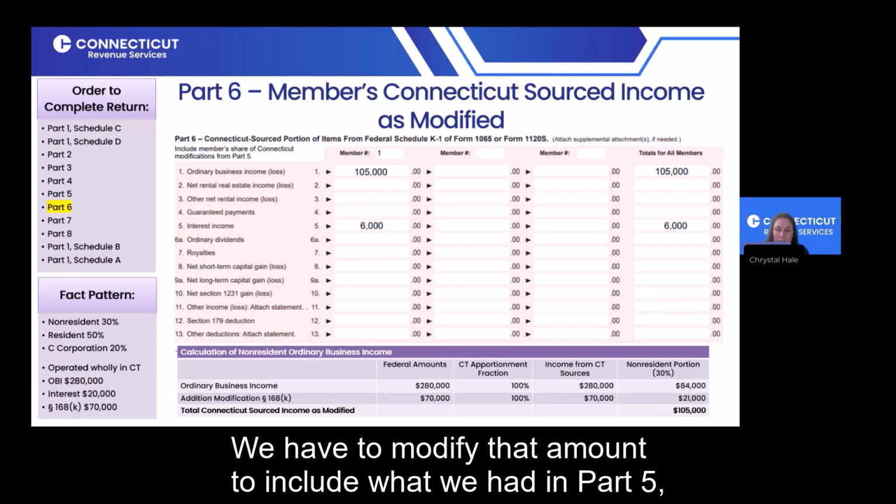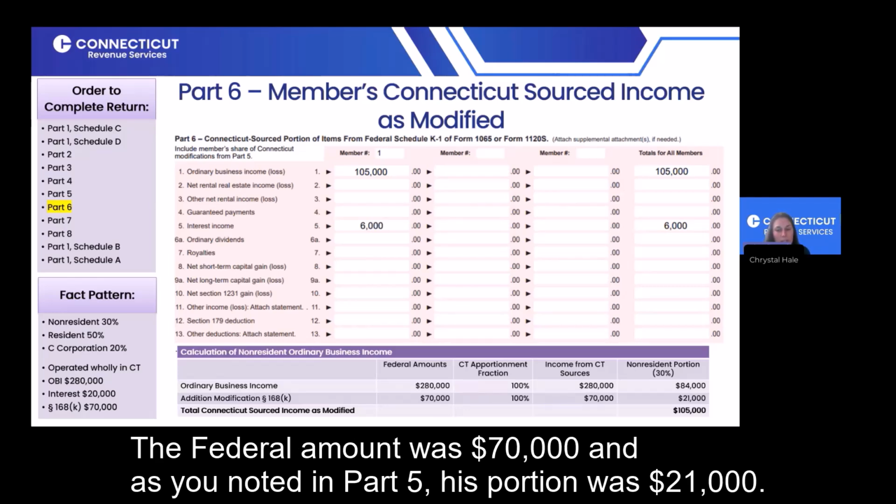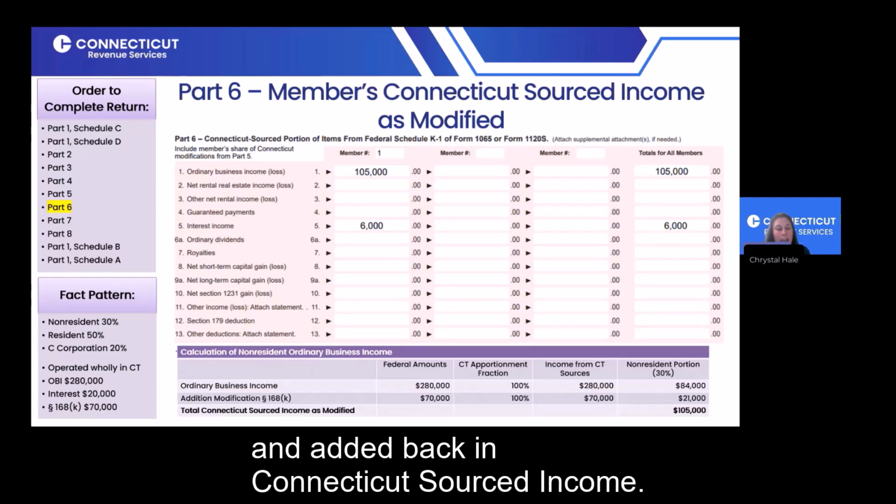We have to modify that amount to include what we had in Part 5, which was the modification for bonus depreciation, Section 168K. The federal amount was $70,000, and as you noted in Part 5, his portion was $21,000, and since we are operating wholly in Connecticut, that would be included and added back in Connecticut source income.